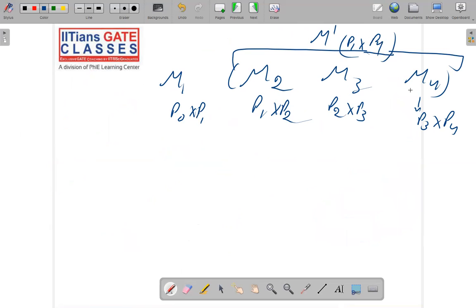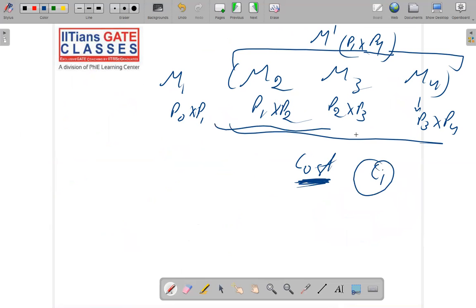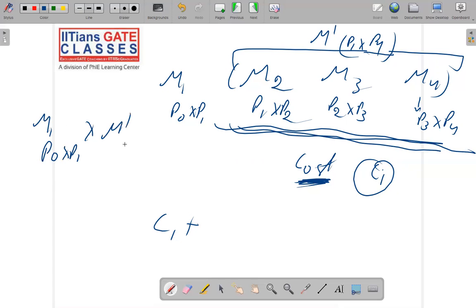Whatever the cost here is, I don't know right now, but I will sum that cost. For example, it's C1. I will sum up the best possible optimal cost C1 with the last multiplication, M1 with dimension P0, P1 multiplied with M dash with dimension P1, P4.